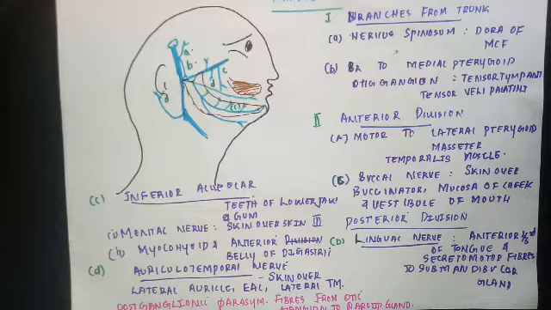Ophthalmic and maxillary are purely sensory, while mandibular is a mixed nerve. The trigeminal nerve is the largest cranial nerve. So that's all about the branches of the trigeminal nerve.